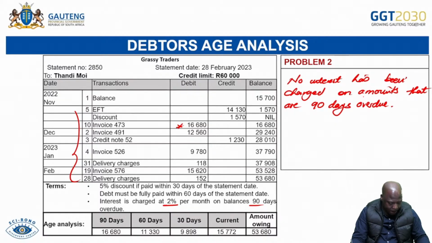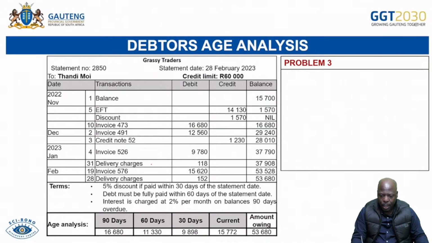Okay. And then problem number 3. You see that we continue to sell goods here in the month of February, yet we have amounts that are owing from November in the previous year.